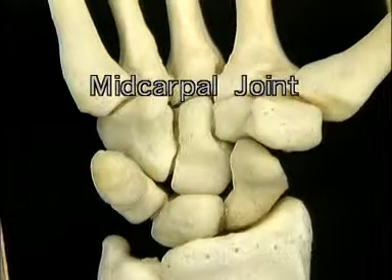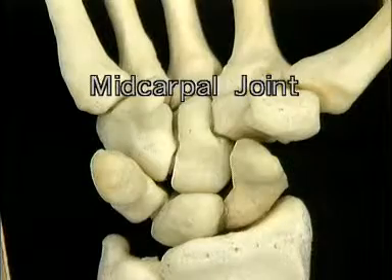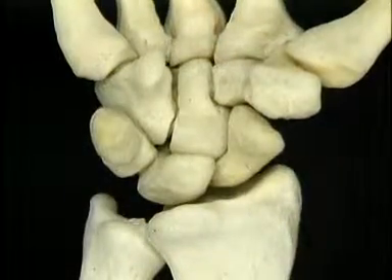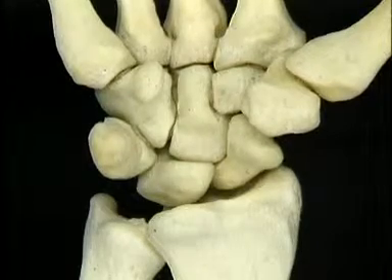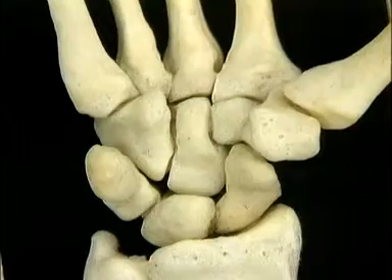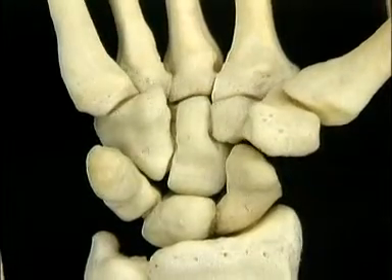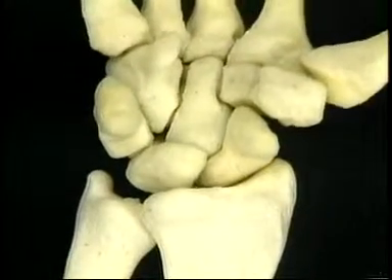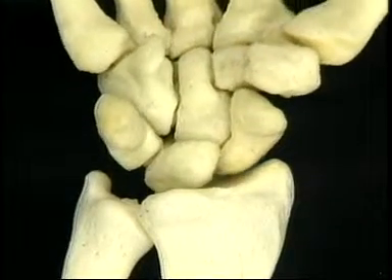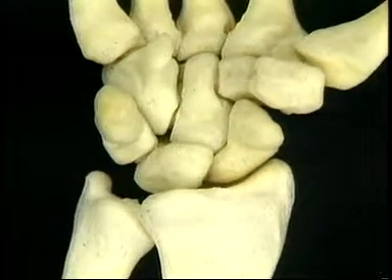The projecting capitate and hamate fit into the notch in the proximal row. When flexion and extension occur at the wrist, the movement happens partly at the radiocarpal joint and partly at the midcarpal joint. When radial deviation and ulnar deviation occur, the action happens mainly at the radiocarpal joint.